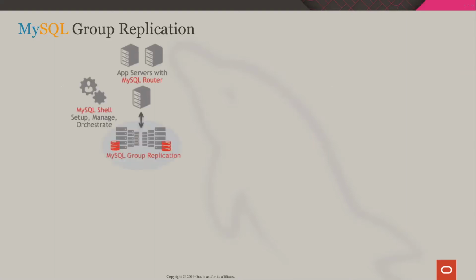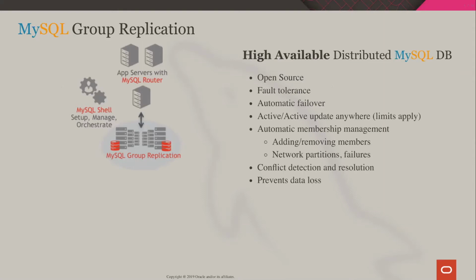So group replication. I'll show you every one of these 3 components very briefly, what they do and what they are specifically. Group replication is a highly available distributed MySQL database. It provides you a lot of things built into this cluster. It does fault tolerance and automatic failover. You can configure it to be active master, so you can write to all the members at the same time.